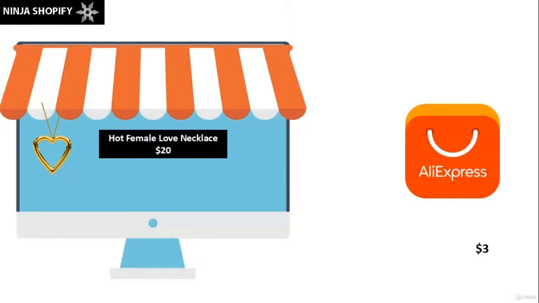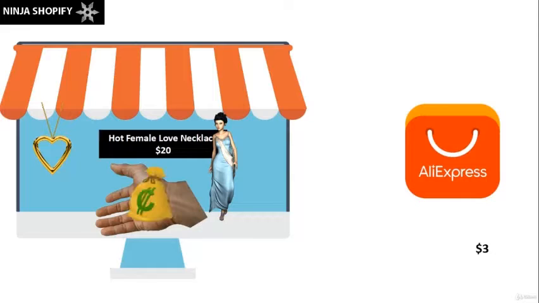The next thing that we are going to do is find someone that is interested in our necklace and sell it to her. One thing that I'm going to teach you is how to laser target this customer and bring them to your store. So, this customer is already at your website and bought the necklace for $20.